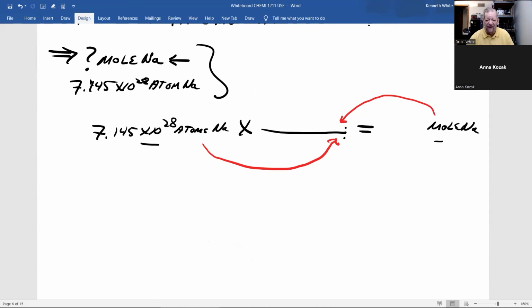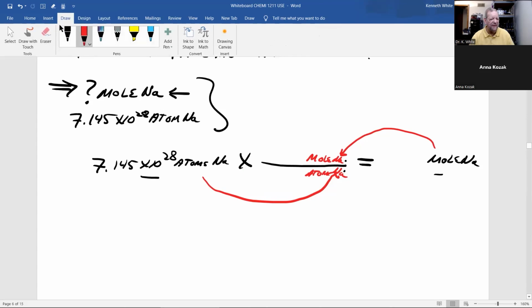For some reason, I'll have to do it in red. Let me try again. There we go. So on top goes moles of Na, underneath go atoms of Na.